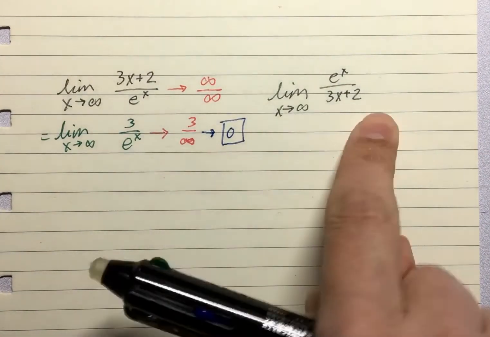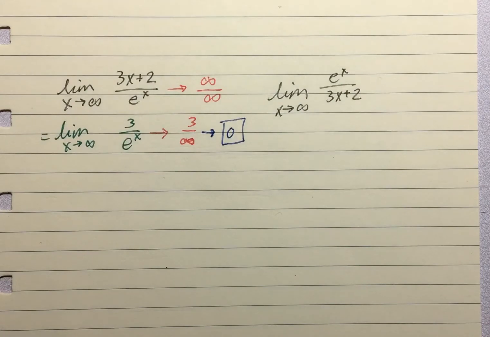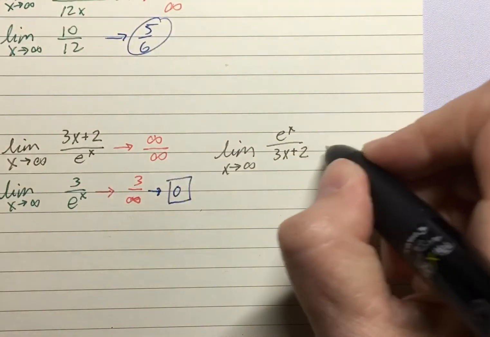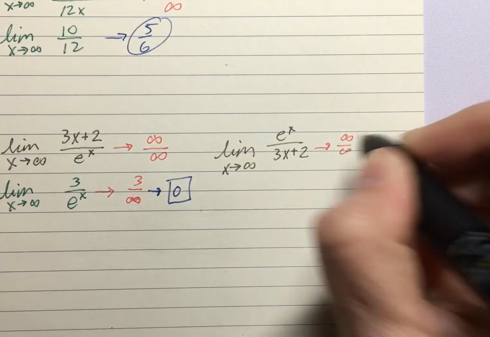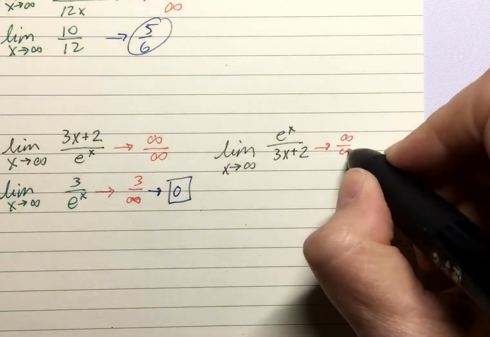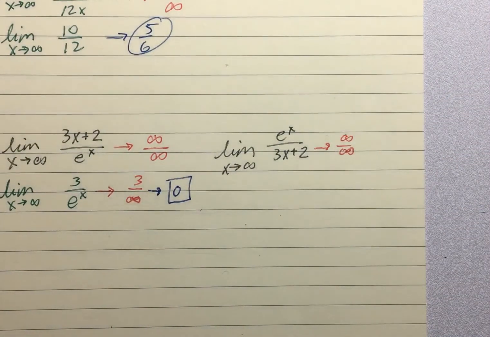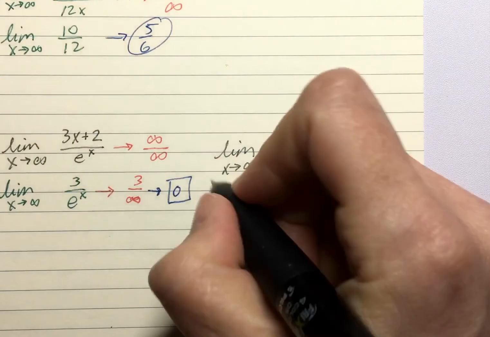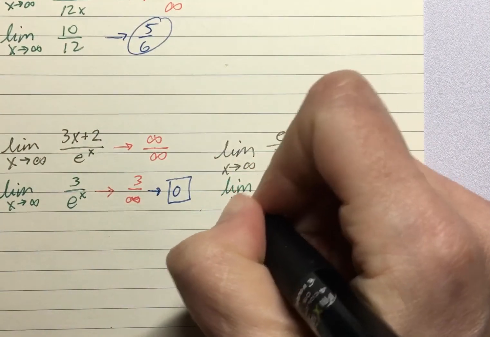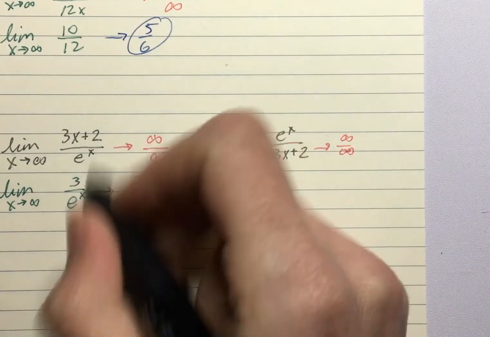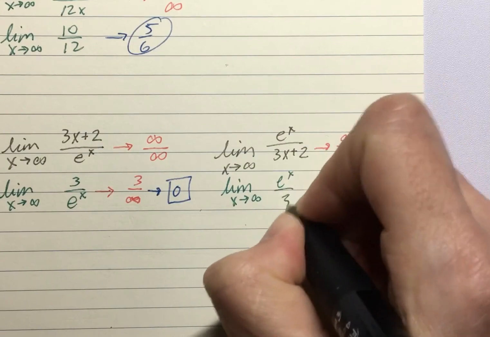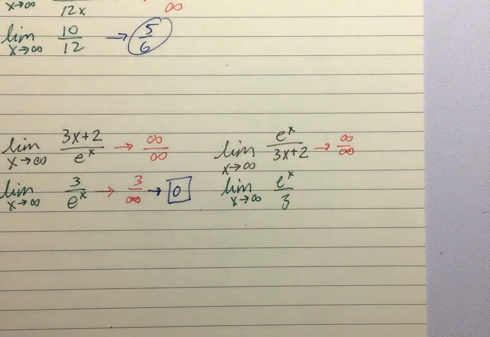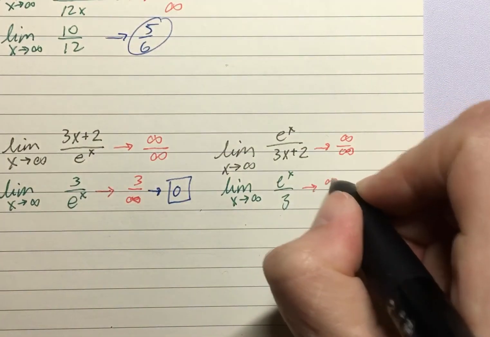Okay, so what happens on the reciprocal? Because again, this original problem is an infinity over infinity. It's the most sloppy infinity ever. And if I take the derivative of top and bottom again, it's the same as what I did before. I get e to the x over 3. So e to the x over 3, that goes to infinity divided by 3.